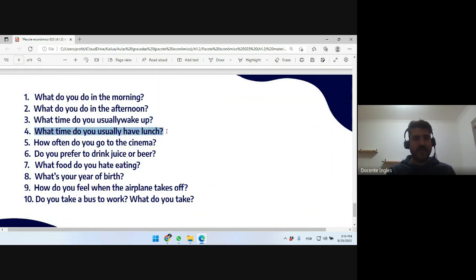What time do you usually have lunch? I usually have lunch at 2 p.m. Mesma situação do 3, porém com outra ação, have lunch.